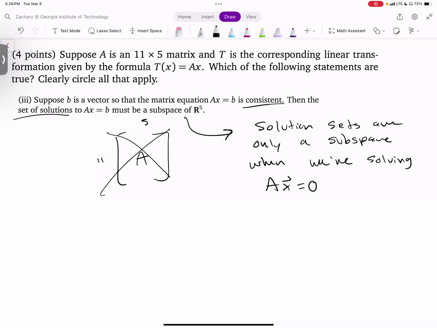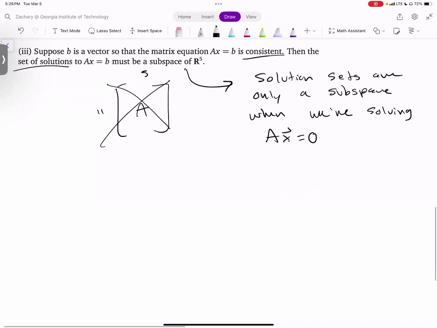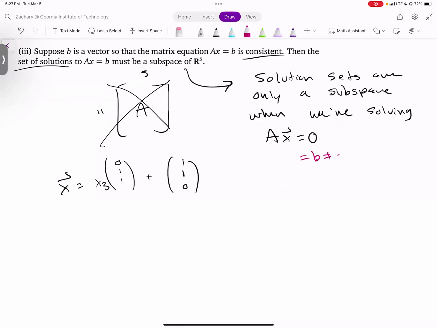Because we're solving for AX equals B, where B is non-zero, in our solution set, we'd have something that looks like this. If we're solving for a not zero B here, okay, that means we have this. And if we were to draw the solution out, it doesn't touch the origin. And as it doesn't touch the origin, it's not a subspace.